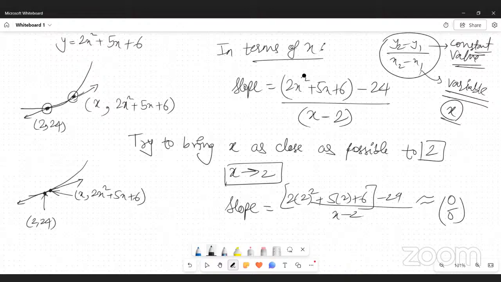See, if x is not close to 2, if let us say x is 3, 4, 5, then we can easily find it. It is very easy to solve. But just for experimentation, I am trying to go as close as we can to 2.